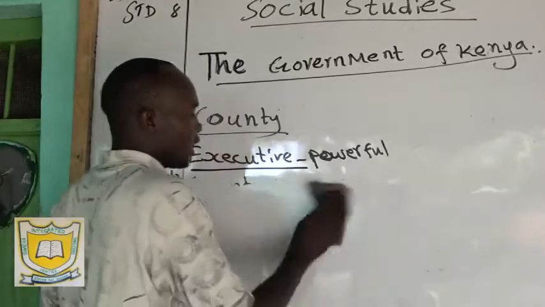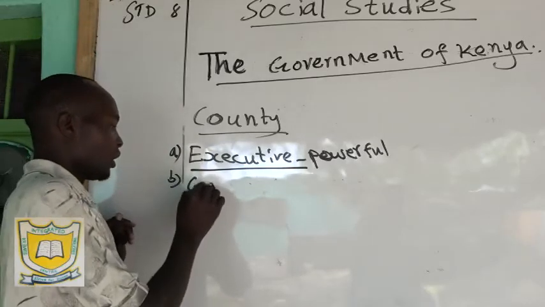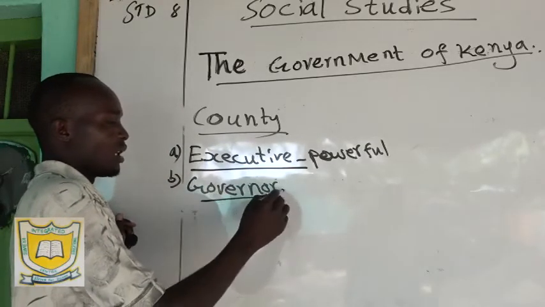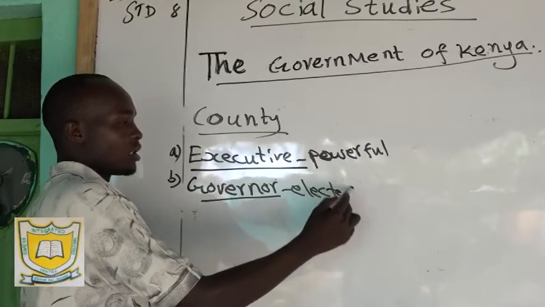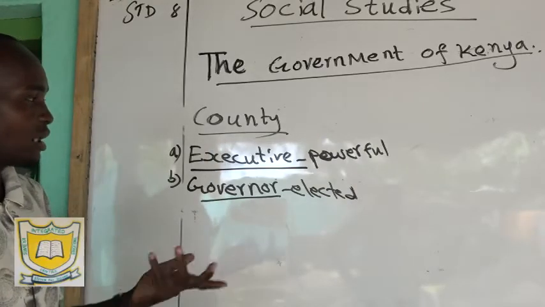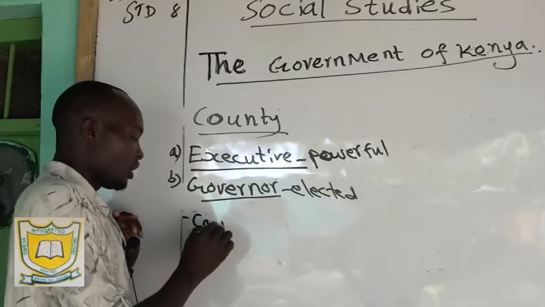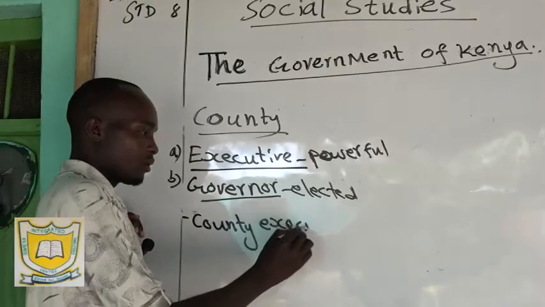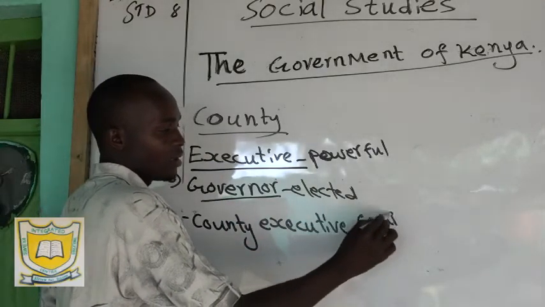And then remember that the county government is ruled by a governor. You should also remember that the governor is elected by members of the public, the registered voters, like MCAs and so on. Then here we have what we call the county executive committee members.